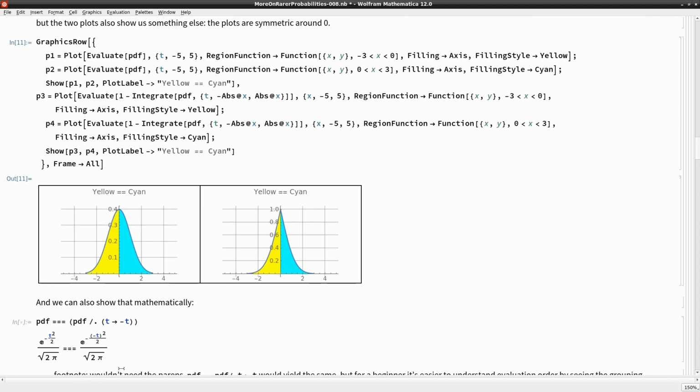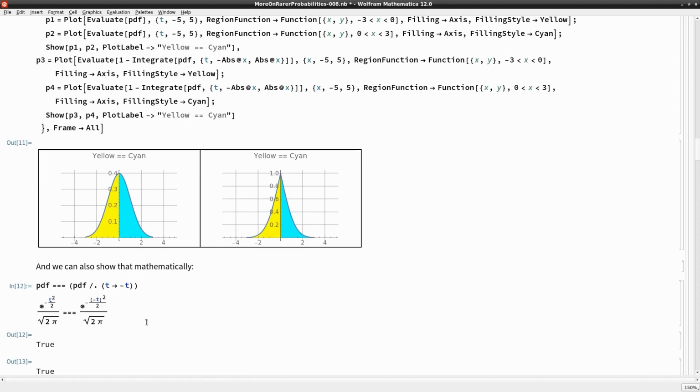And the symmetry, we can also show mathematically. As you will probably remember, symmetry over the y-axis is defined by f of x equals f of minus x, right? So if we take the positive number or the negative number, f of that number is the same: f of x, x being positive, equals f of minus x.